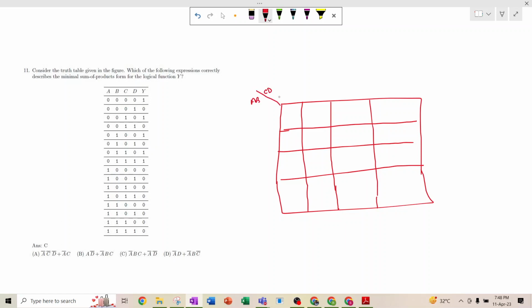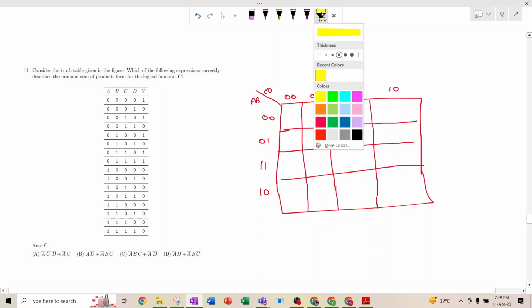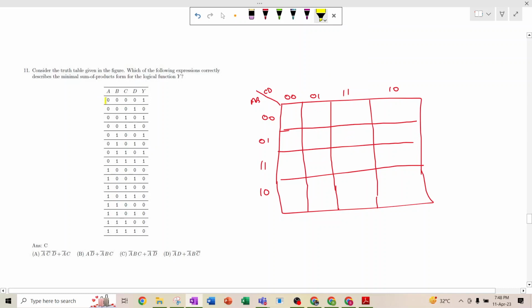This is AB, this is CD, 0 0, 0 1, 1 1, 1 0. This is also 0 0, 0 1, 1 1, 1 0. So see which are the ones that are 1. At first 0 0 0 0, this is 1, this one is also 1, this one is also 1, this one is 1, this one is 1, and the rest of the things are 0.